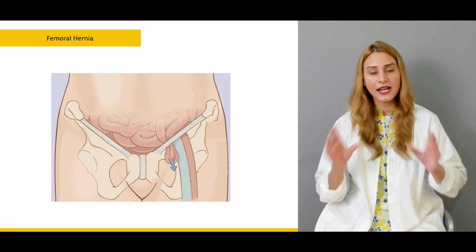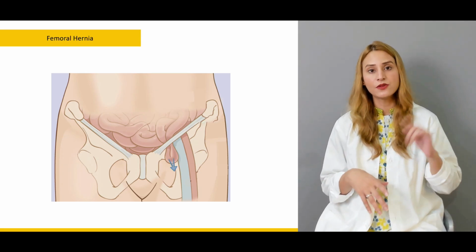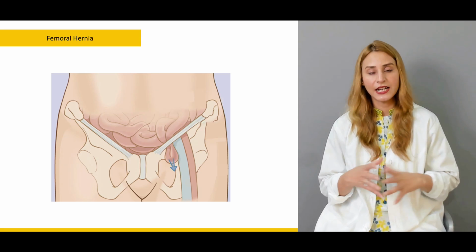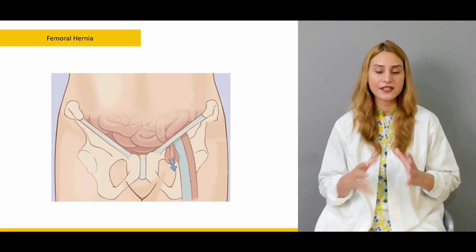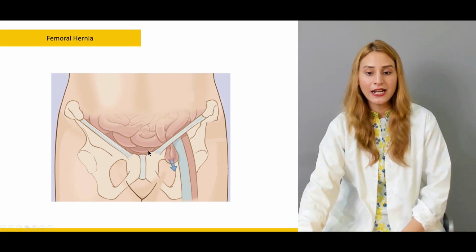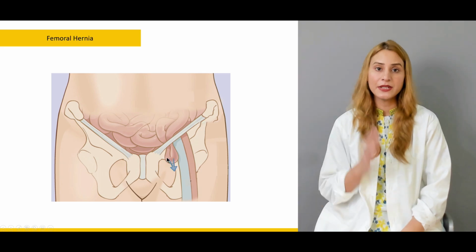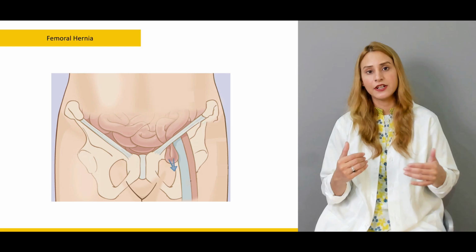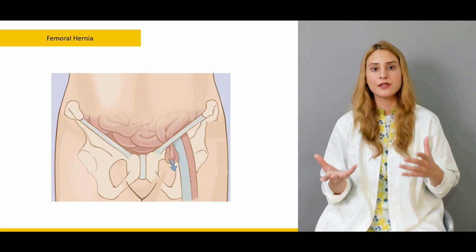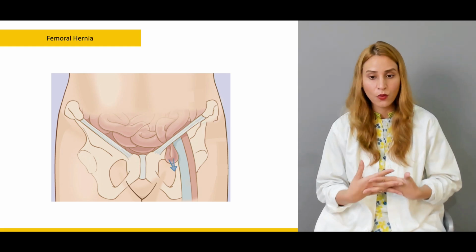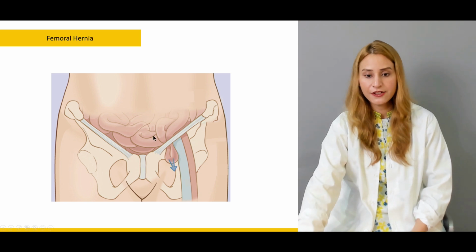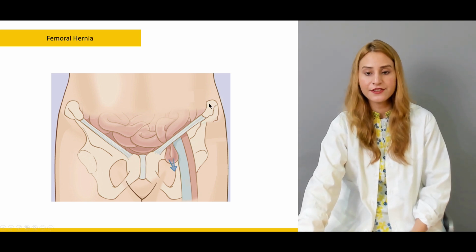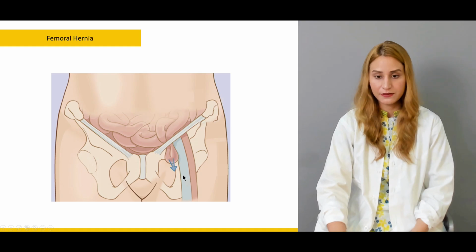So this is the site of potential weakness. The node of Cloquet is the site of potential weakness, and the hernia is coming from that. So if the hernia is below and medial to the pubic tubercle, it is called a femoral hernia. And if the hernia is above and lateral to the pubic tubercle, it is called an inguinal hernia. You can see here, this is the inguinal ligament running from the anterior superior iliac spine to the pubic tubercle.